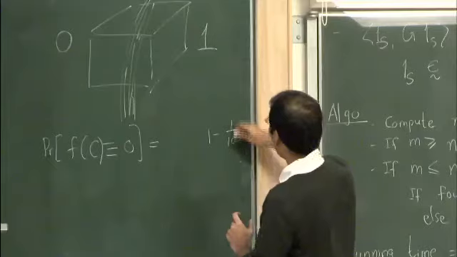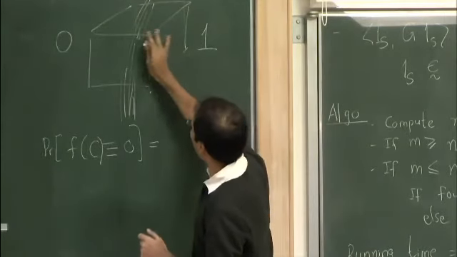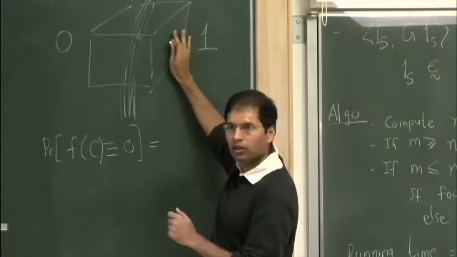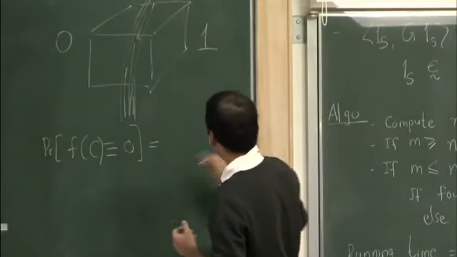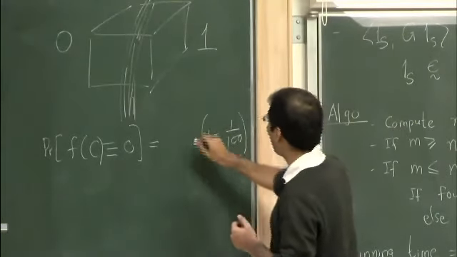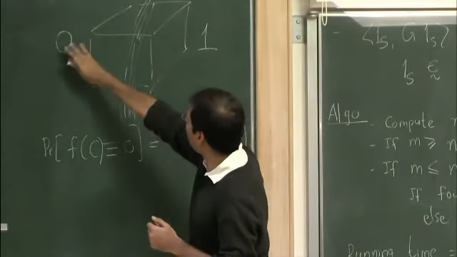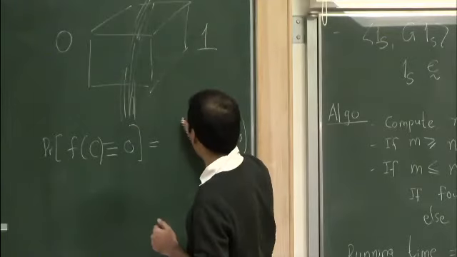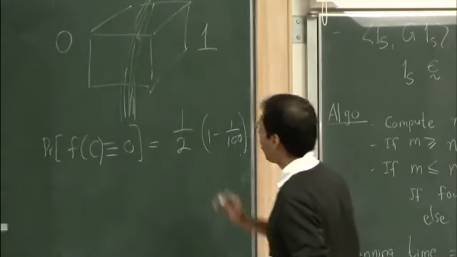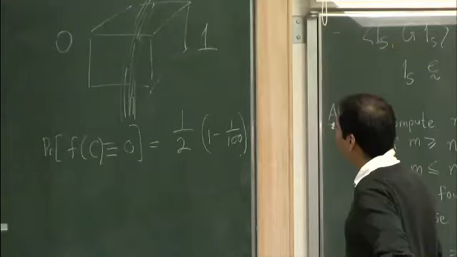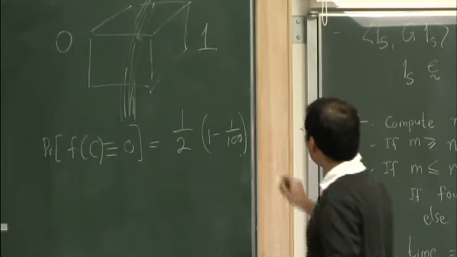There is a probability 1 over 100 that the subcube will be partly here and partly here, in which case it cannot be identically 0. So with probability 1 minus 1 over 100, it will be completely on one side or the other. And with probability half of that, it will be completely on this side. So this is the probability that the function is identically 0 on a random subcube.